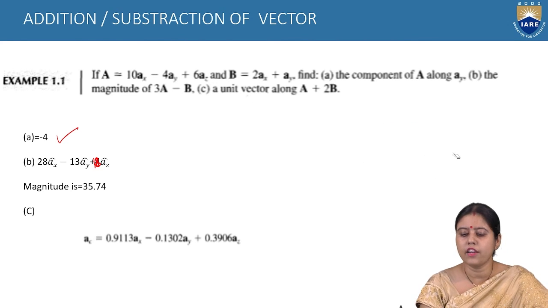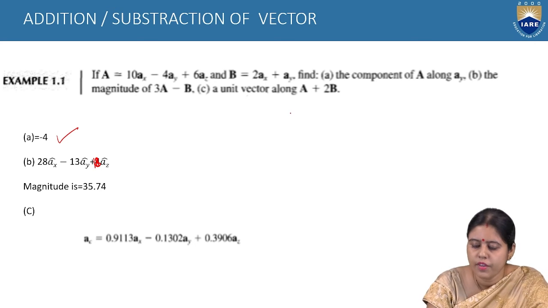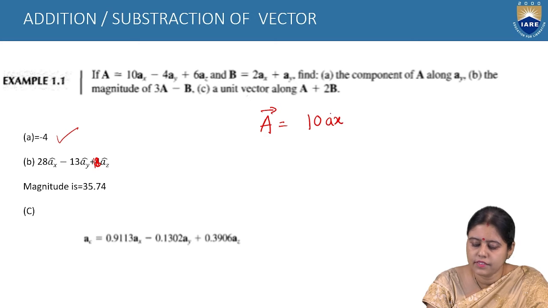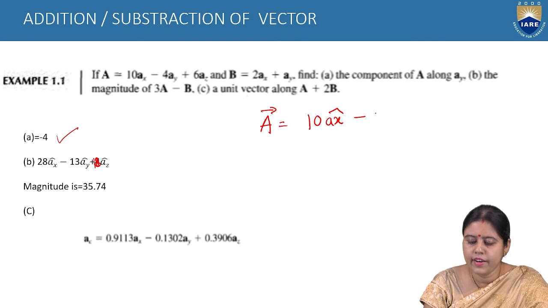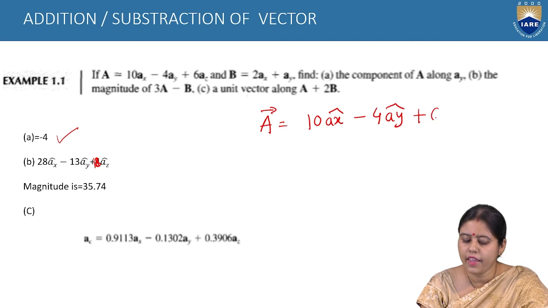Last one is to calculate the unit vector of A plus 2B. So let's do the problem. What is the A? A value we know, 10ax minus 4ay plus az. What is B?